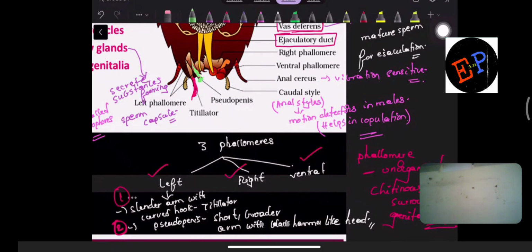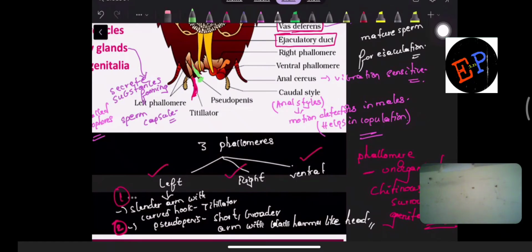It is in the shape of a hammer-type body. The pseudopenis is a short, broader arm with a black hammer-like head. Both titillator and pseudopenis are present in the left phallomere. And we have a right phallomere also, and a ventral phallomere also.